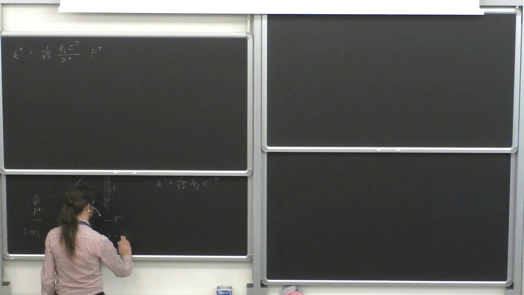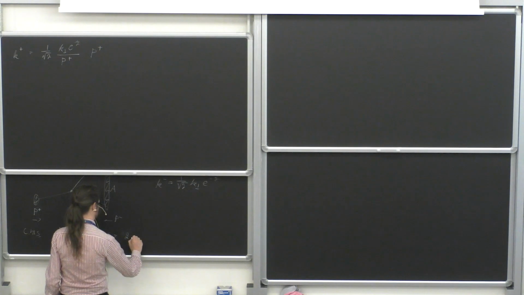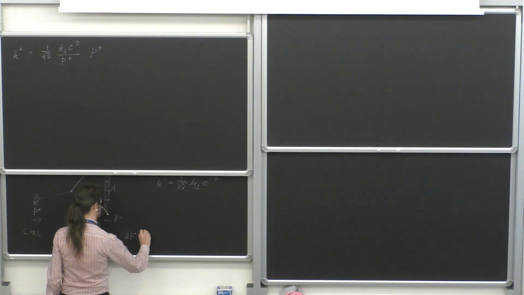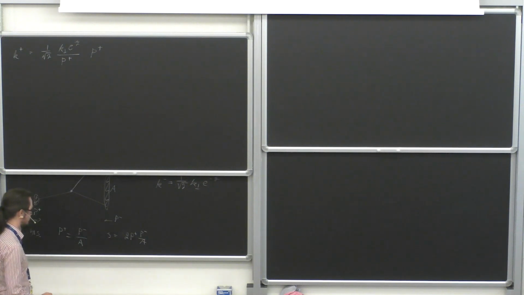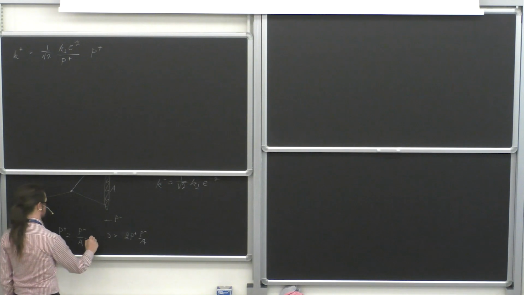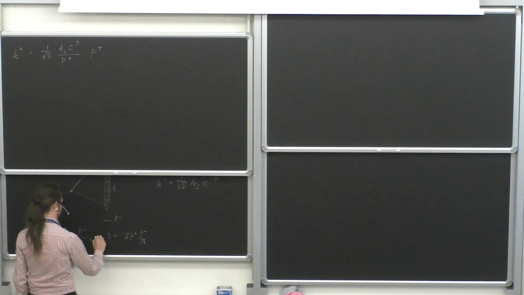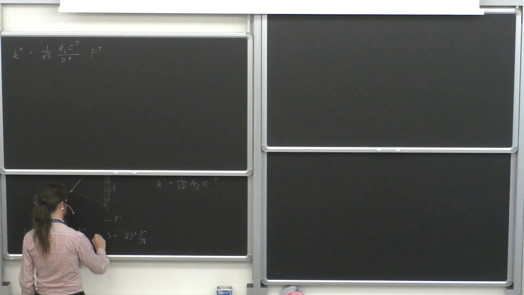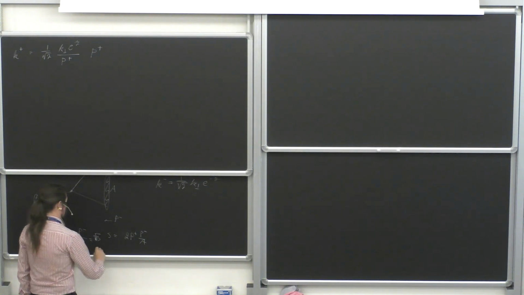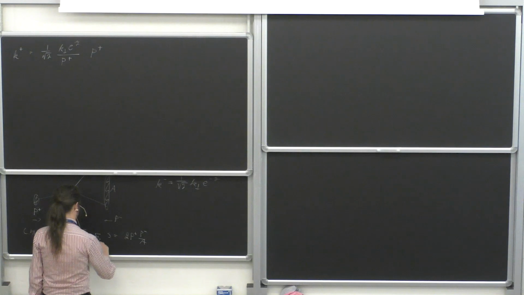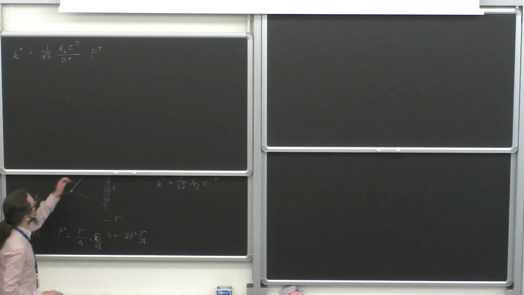So the center of mass energy per nucleon is 2 P plus P minus over A. Since P plus and P minus over A are equal, both are the same as square root S over square root 2.